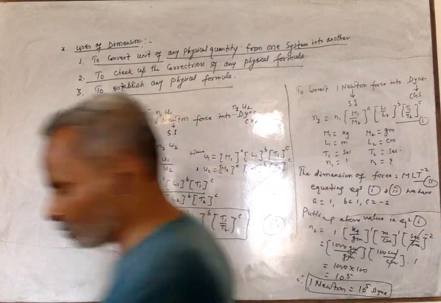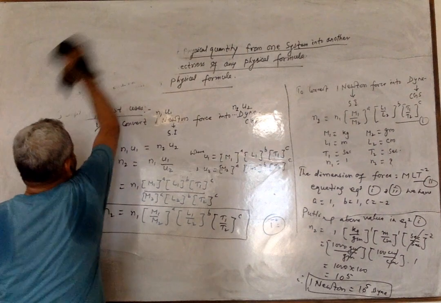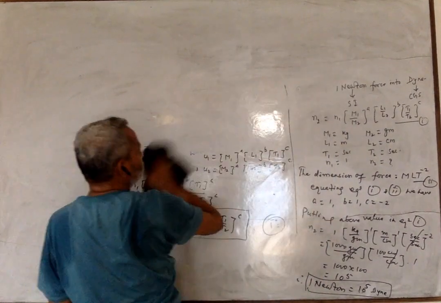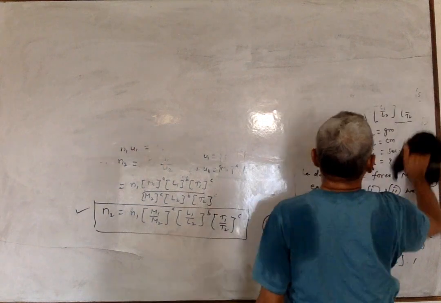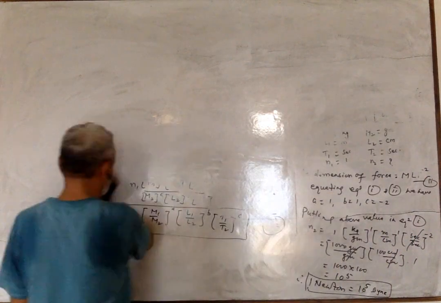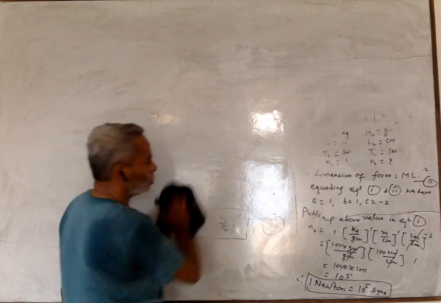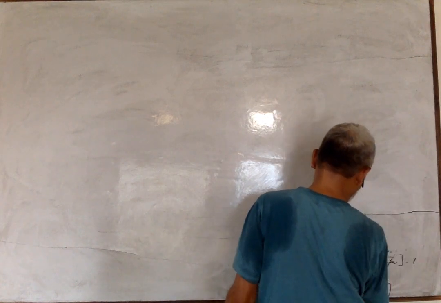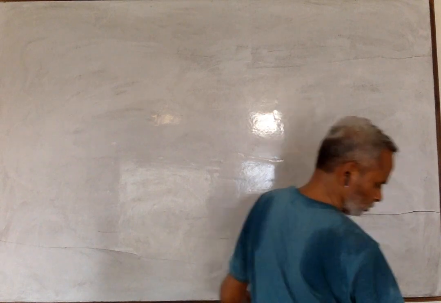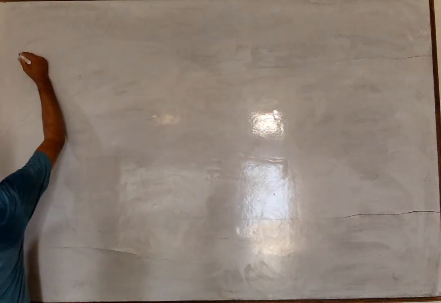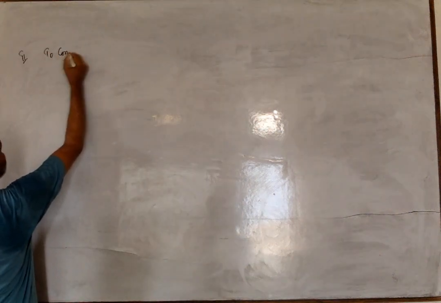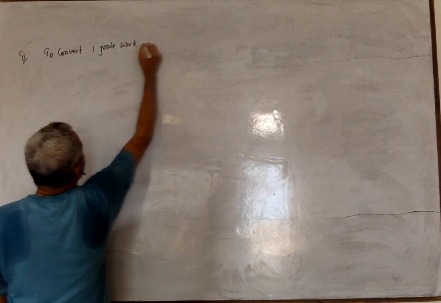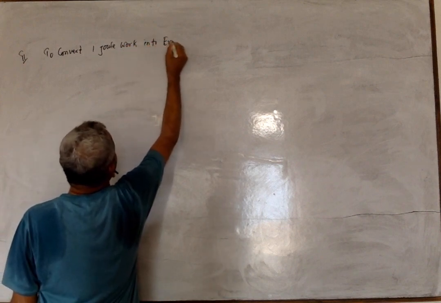Now the second example of this conversion is to convert 1 joule of work into erg.